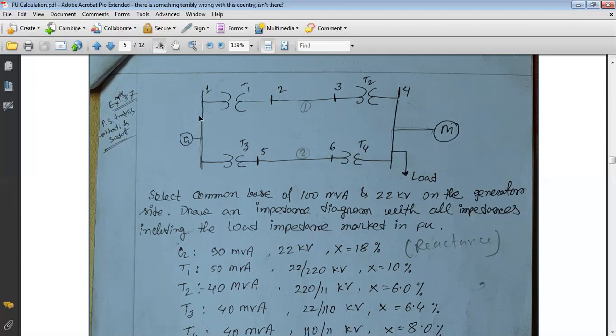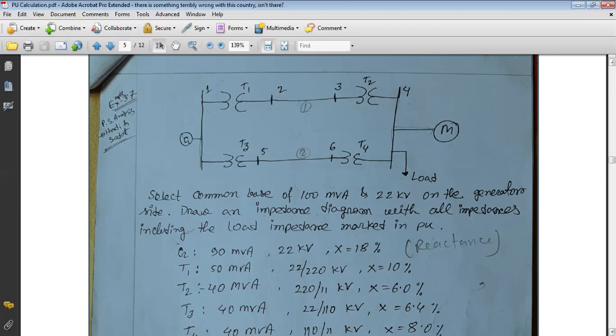So we have to draw a reactance or impedance diagram of this power system, and mark the reactance of all devices, including the transmission line, in per unit values, based on this reference power and voltage value.